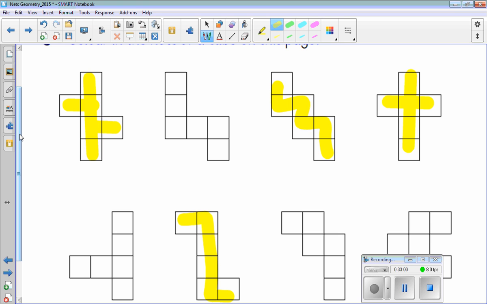In addition to the directions that are there, I want you to also draw a net for each. So on problems 3 through 7, in addition to what it says to do, again, identify the number of polygons that are in the faces. Okay, not the bases, but the faces. I also want you to draw a net. Okay, and that's all your homework.